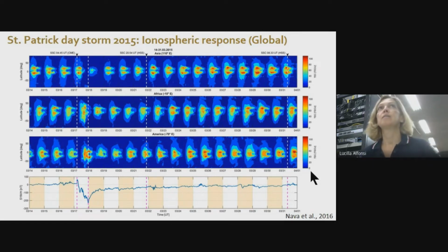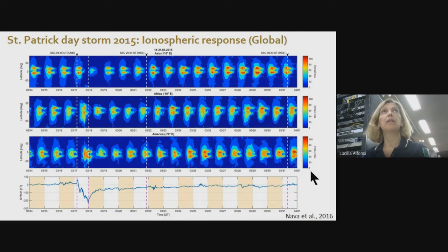Maybe you remember that yesterday we described quickly the existence of this variability of the electron density distribution over the equatorial latitudes due to the so-called fountain effect, due to the fact that there is a current system flowing in the E region of the ionosphere, flowing with a zonal direction that, combined with the horizontal direction of the geomagnetic field, gives rise to an uplift of the F region electron concentration, and then a fall down of the electrons that were uplifted.